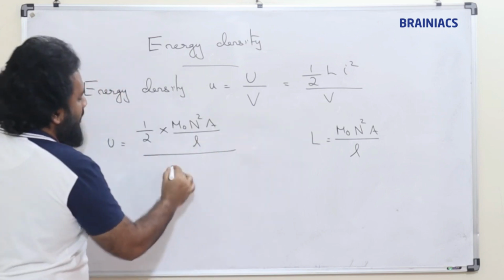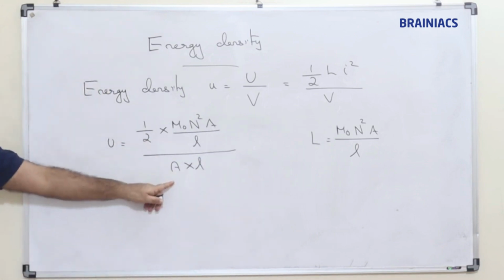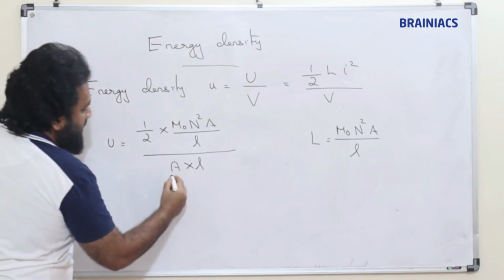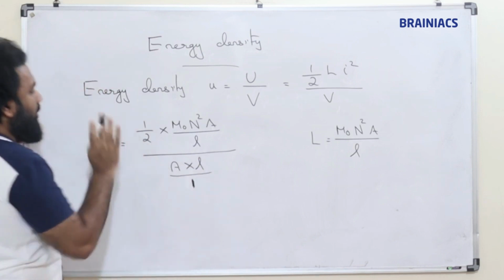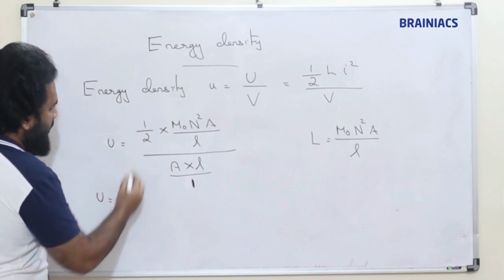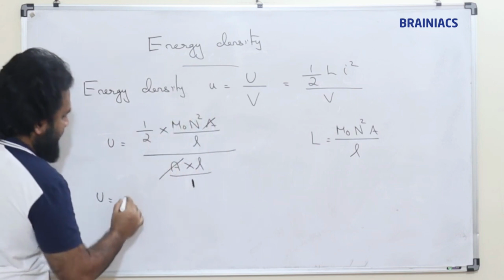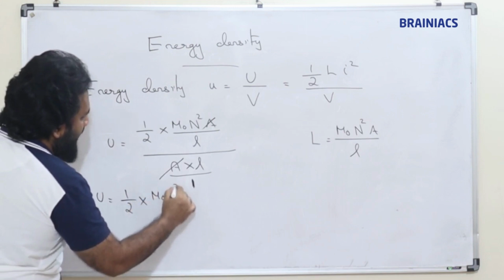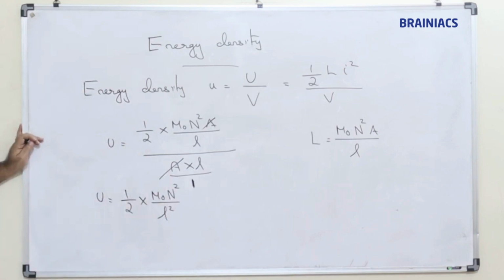This is divided by volume, and volume is area into length. So this area will be cancelled off. So half into mu 0 n square divided by l square. Clear? Mu 0 n square divided by l square.